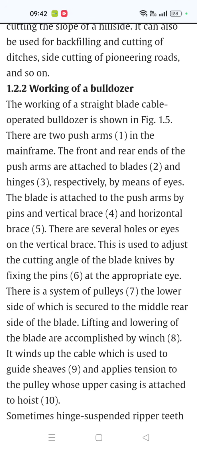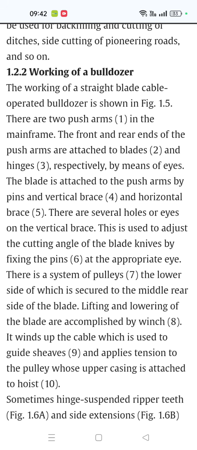1.2.2 Working of a bulldozer. The working of a straight blade cable operated bulldozer is shown in Fig 1.5. There are two push arms, one on each side of the main frame.